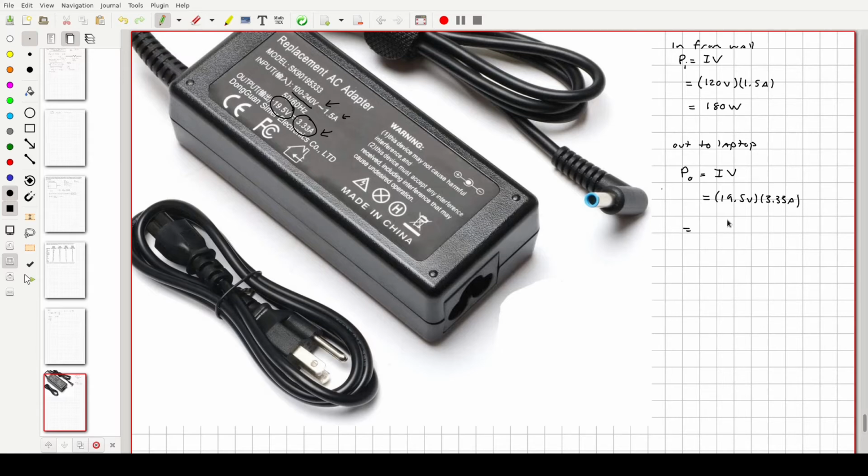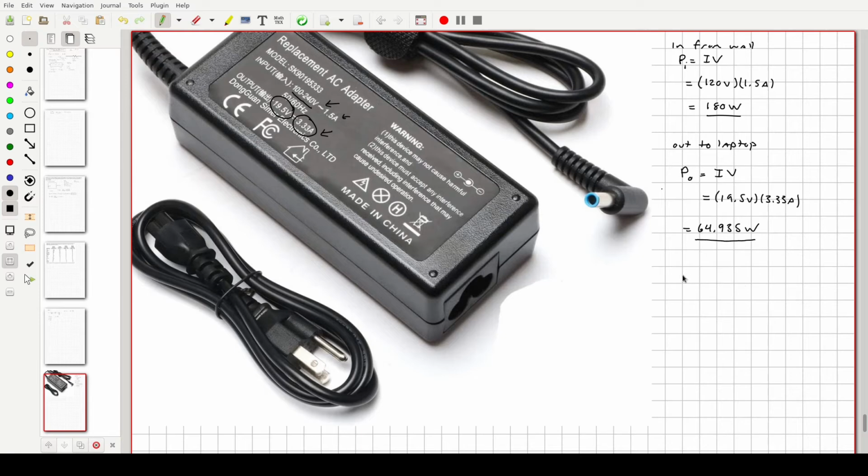Now if I do the math on this, 3.33 times 19.5 is 64.935. So I'm taking 180 watts and I'm putting 64 or 65 watts approximately into the laptop.